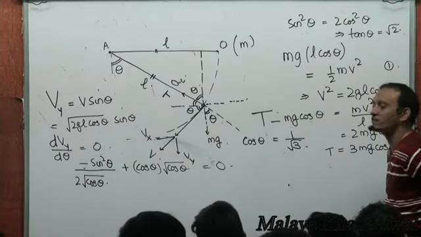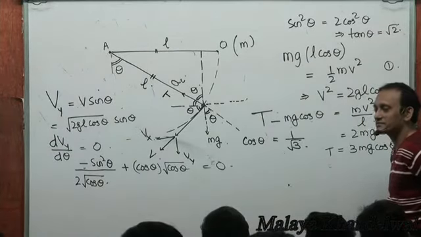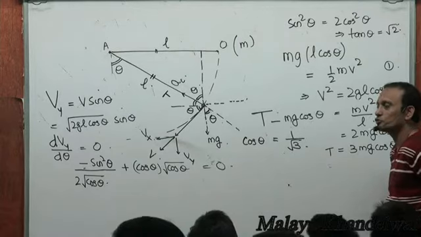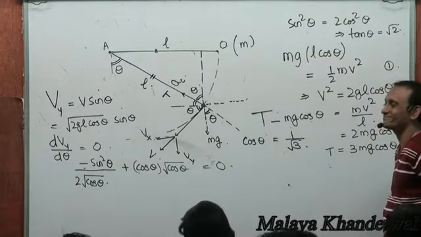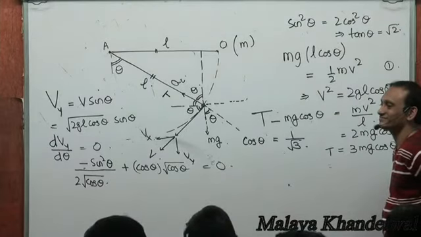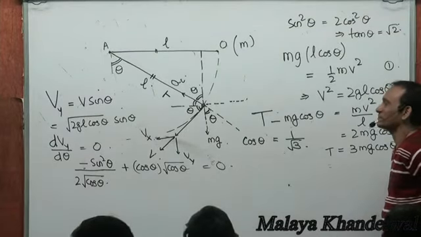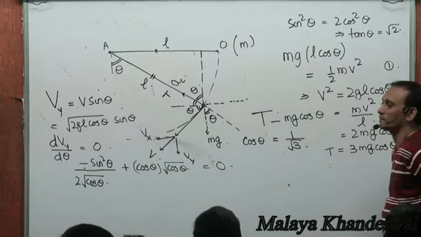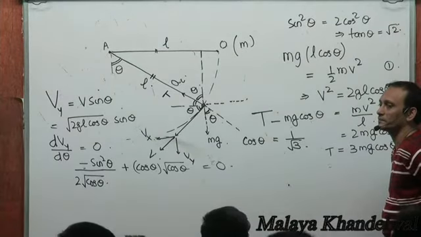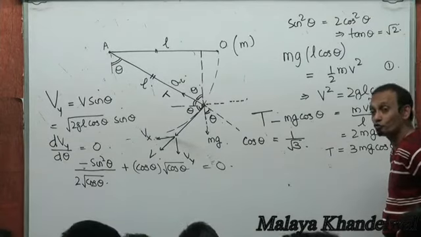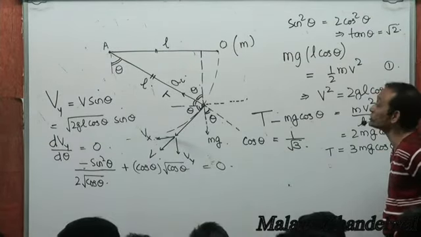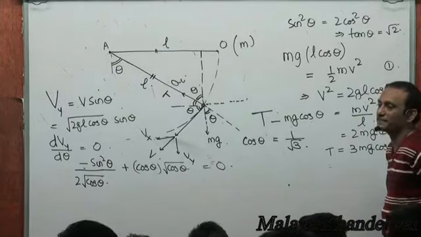Yes, vertical acceleration equal to 0. You could have directly got this by saying vertical acceleration equal to 0. You could have got tan theta equal to root 2 just by saying vertical acceleration is 0 at this point. You would get the same thing.